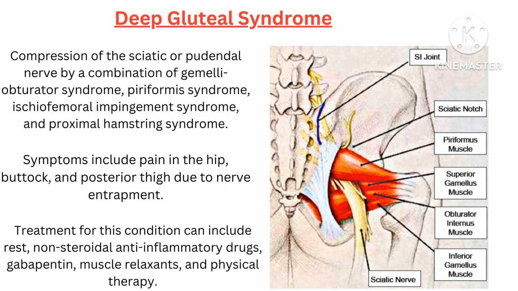Gemelli obturator syndrome occurs when the sciatic nerve becomes compressed between the gemellus muscles and obturator internus during passive hip rotation. Treatment for this condition can include rest, non-steroidal anti-inflammatory drugs, gabapentin, muscle relaxants, and physical therapy.